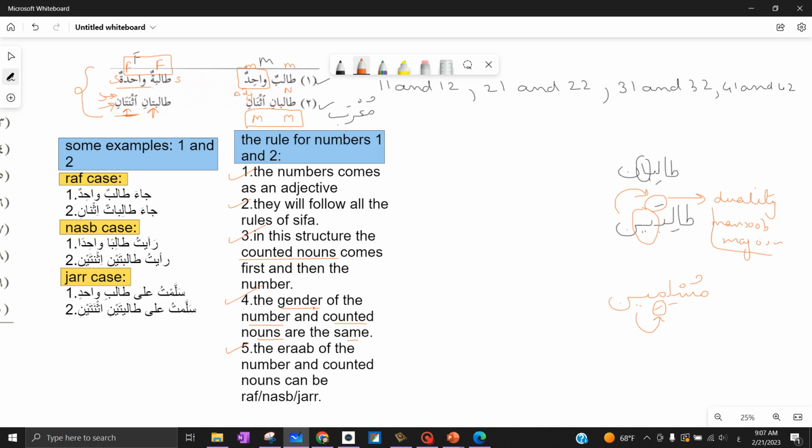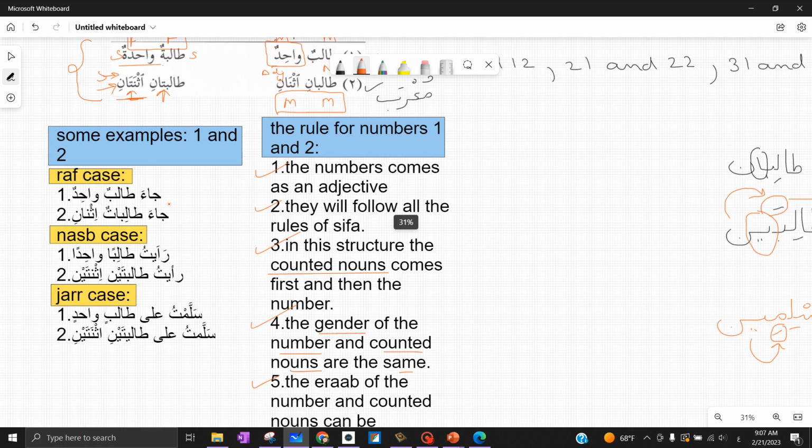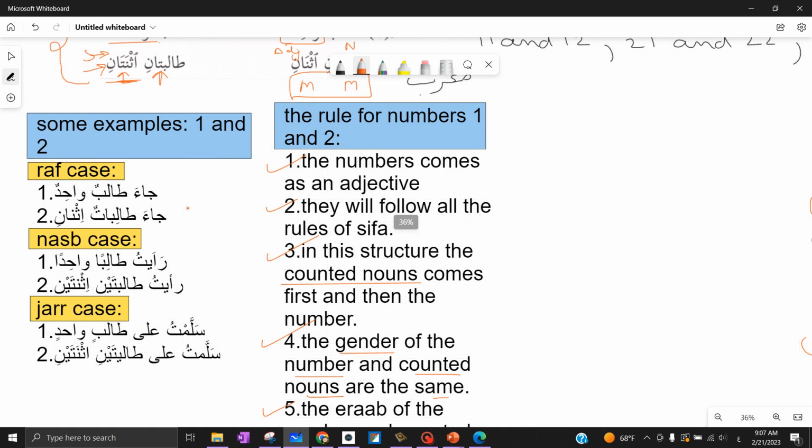Now as for when we do the example in raf case, jaa talibun wahidun. Now what is the eraab here? Ja'a is fa'il. What about Talibun? What is the position of the Talibun? It is fa'il.